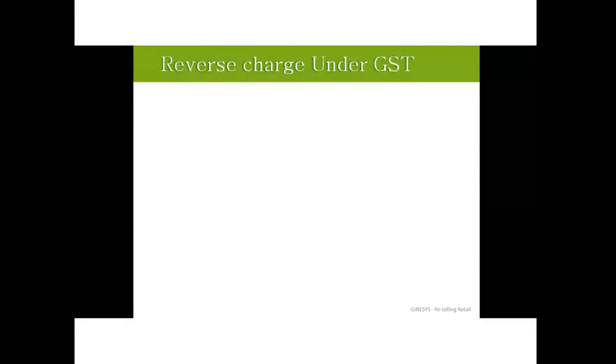Now what if we do a purchase from an unregistered party? I'll first explain the difference between doing a purchase transaction from a registered party and an unregistered party. Since the registered party has GSTIN registration details and is registered under GST, he will be charging you GST and paying the tax amount to the government on your behalf.